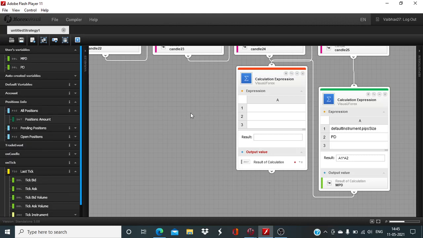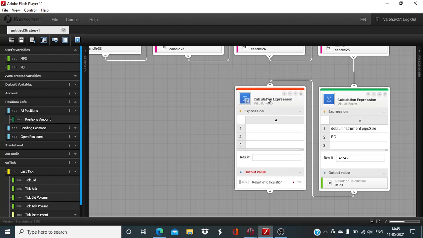We will need two different calculations, one for buy side and another for sell side.